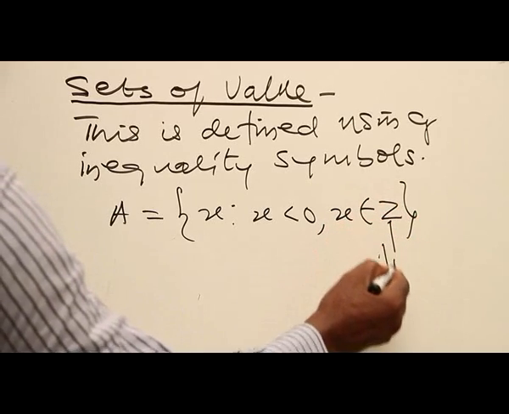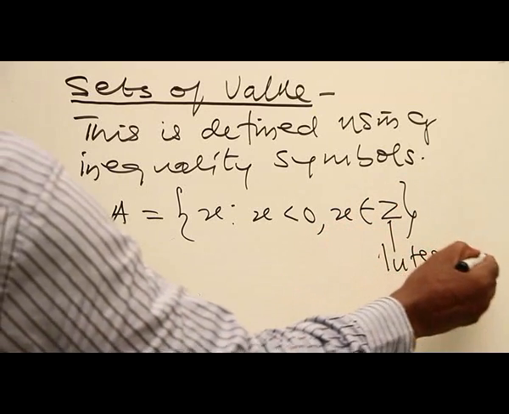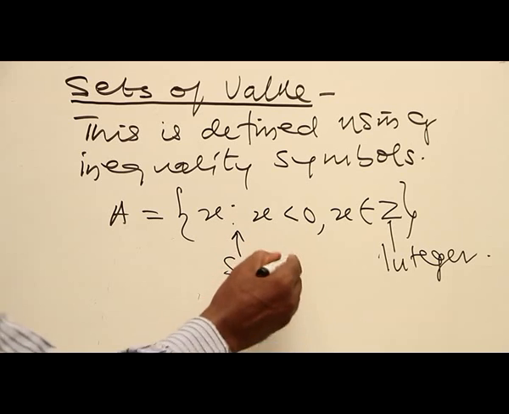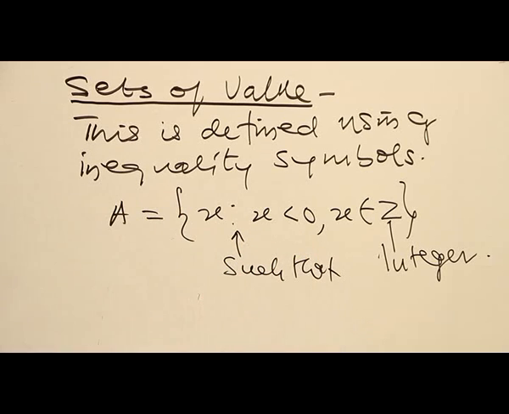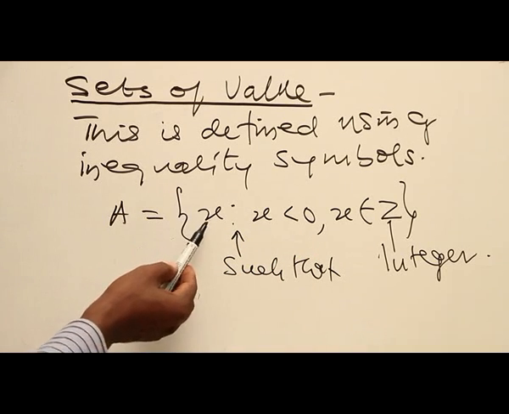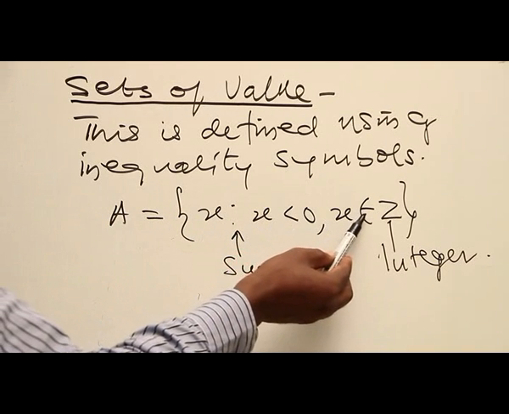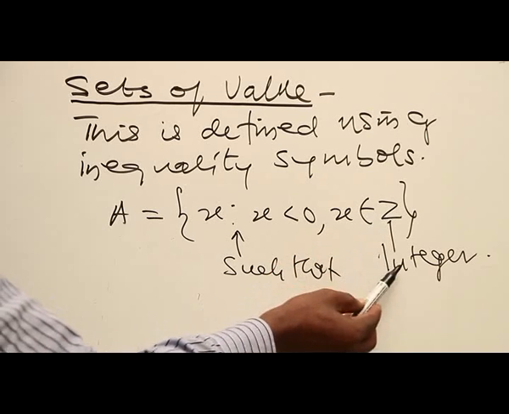Z here means integers, and this colon means such that. So we read this as A is a set of S such that S is less than 0, and S is a member of Z, where Z is the set of integers.